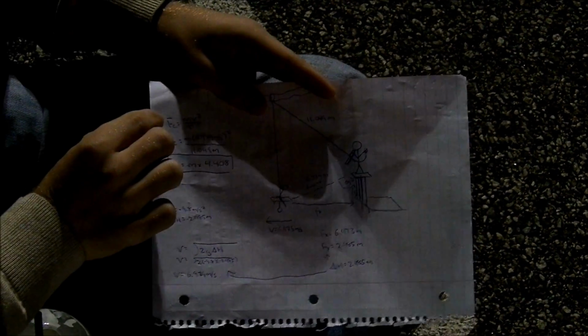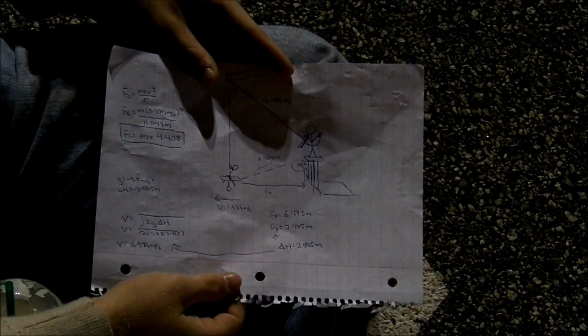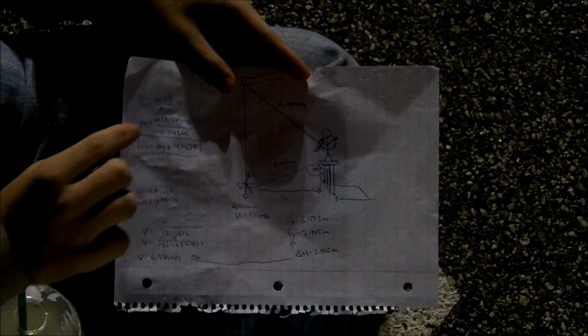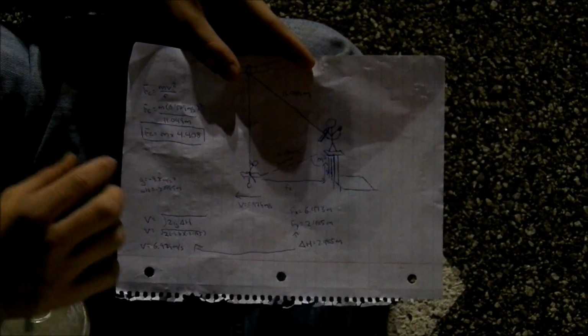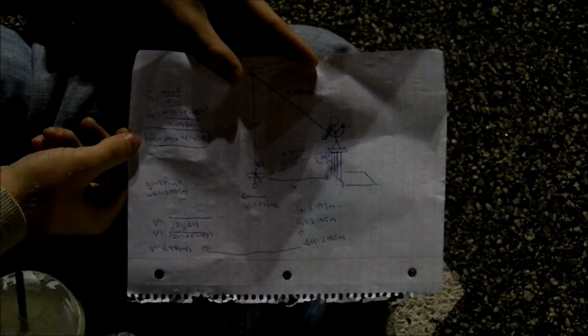You have your centripetal force equation up here, which is mass times velocity squared over the radius. So you have Fc, the centripetal force, equals mass times 6.979 meters per second squared, all of that, over 11.049. So to find the centripetal force, you just multiply mass times 4.408.